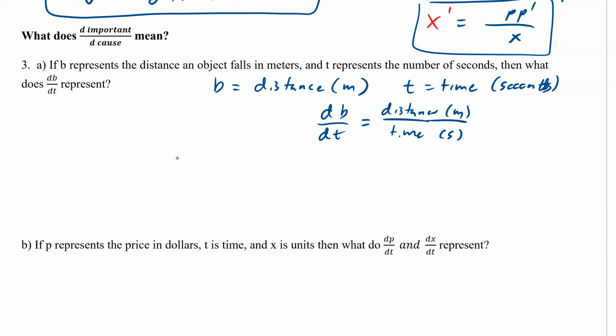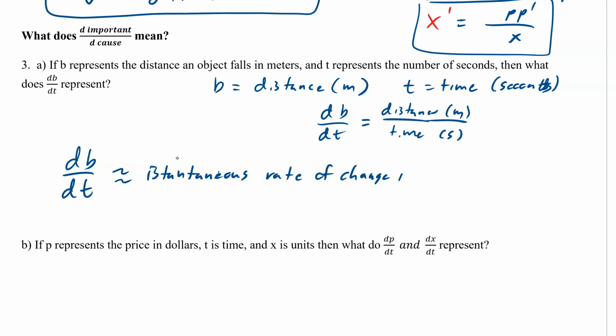So interpreting this, the db dt just represents our instantaneous rate of change in height or distance.